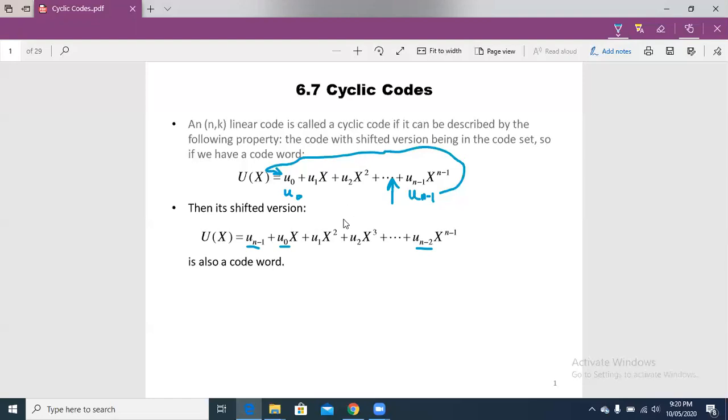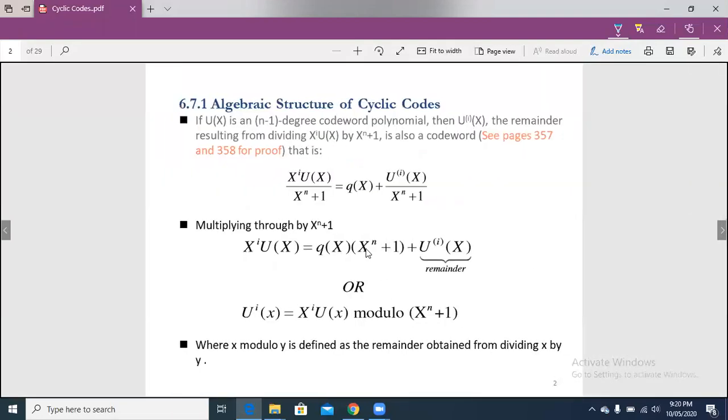So we learned how we can generate these cyclic codes. Before learning that, we need simple modular arithmetic. We take the shifted version of the code word, xiu of x, and divide it by a polynomial of order n, that is xn plus 1.